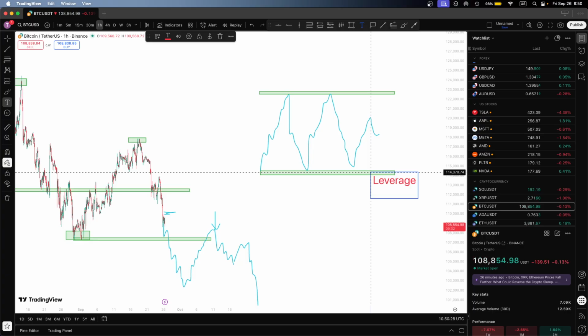A common leverage is 1x up to, let's say, some exchanges provide up to, I think, 300x too. Okay, 300x is too high of a risk.